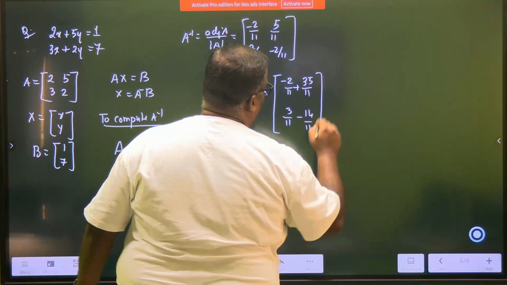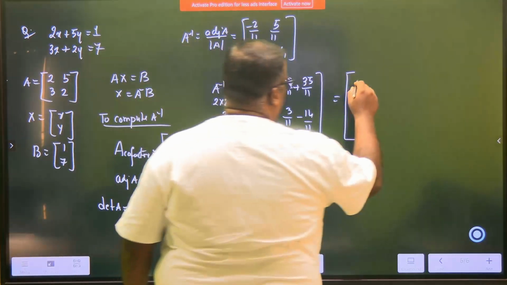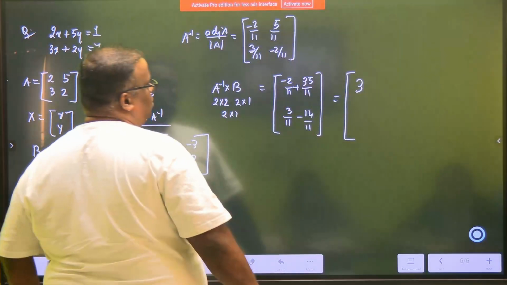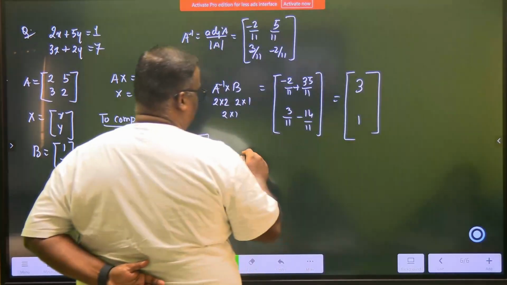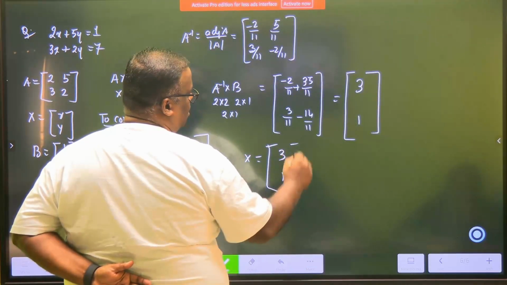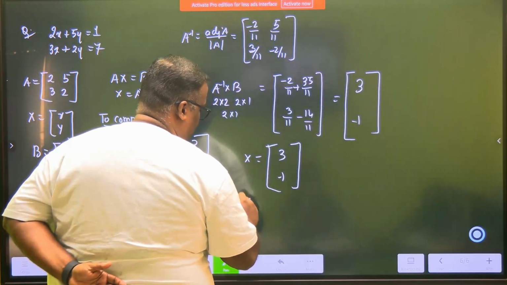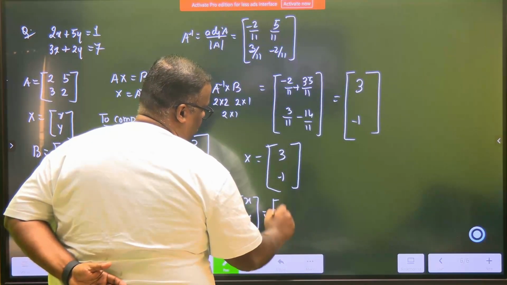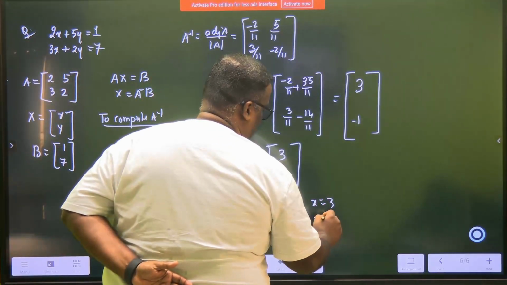Okay? Which becomes 33 by 11, which is 3, and which becomes minus 11 by 11, which is equal to minus 1. So, x by y is equal to 3, minus 1. So, x is equal to 3, y is equal to minus 1.